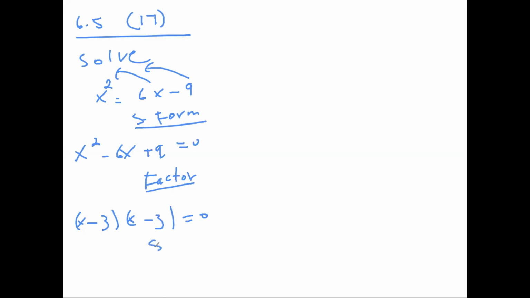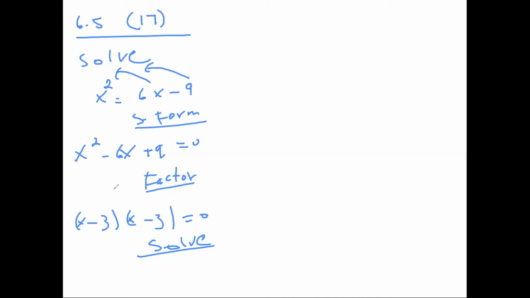Okay, so factor. What's the next step, which is to solve? What do we do with these two? Once we factor, what do you do? You set each factor equal to 0. That's right. We're going to turn both of these parentheses into equations.